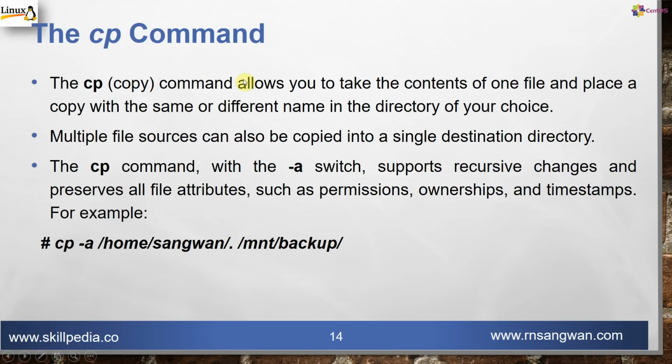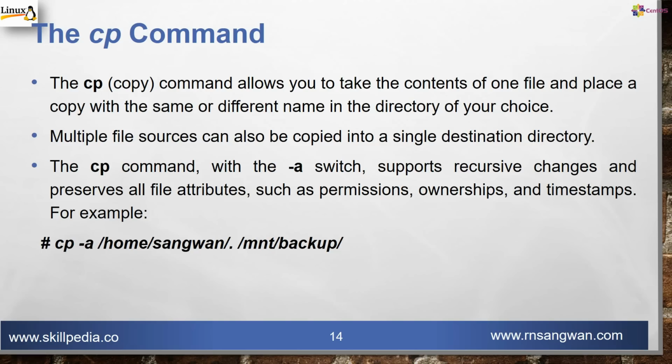The cp command, the copy command, allows you to take the content of one file and place a copy with the same or different name in the directory of your choice. Multiple file sources can be copied into a single destination directory.